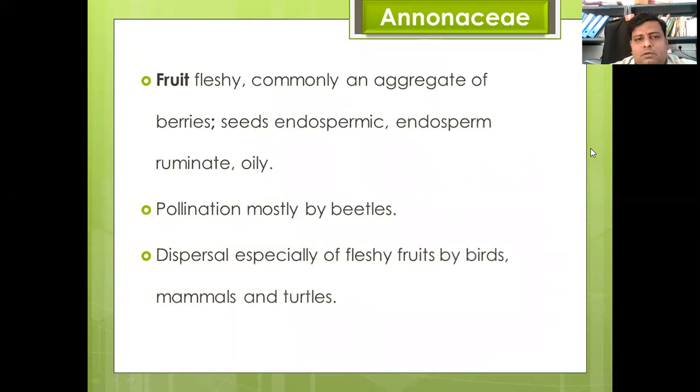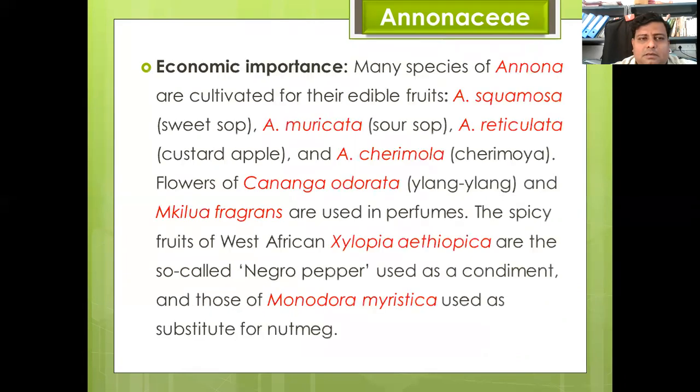So in Annonaceae, fruits may be fleshy, commonly an aggregate of berries, seeds endospermic, endosperm ruminate, oily. Pollination is mostly by beetles, dispersal especially of fresh fruits by birds, mammals, and turtles. Economic importance: many of the Annona species are cultivated for edible fruit.